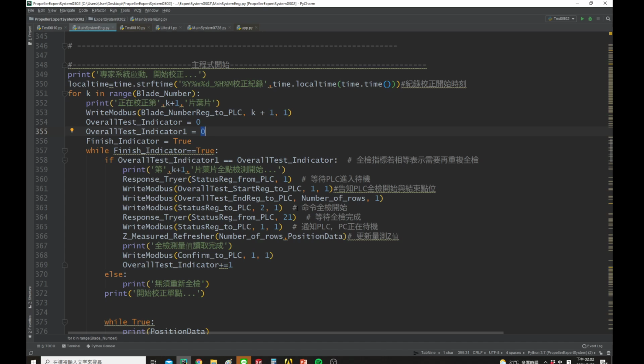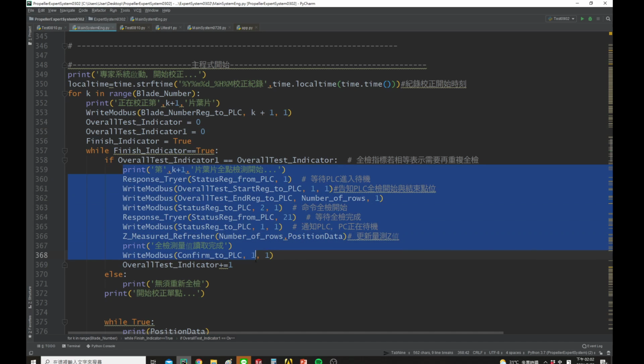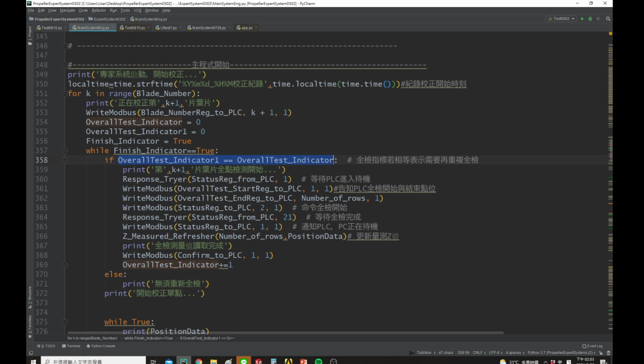If they are different, that means it is already overall tested. So we can identify that this blade doesn't need to be overall tested anymore.